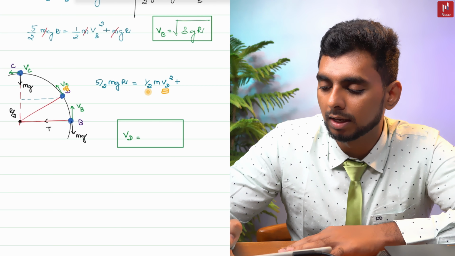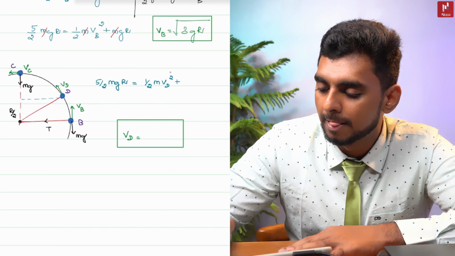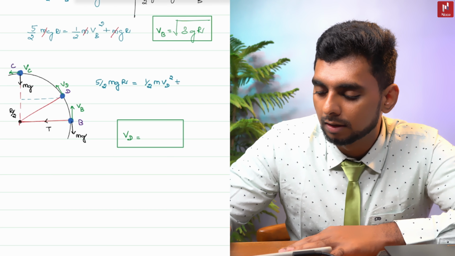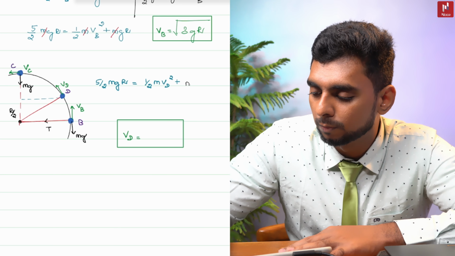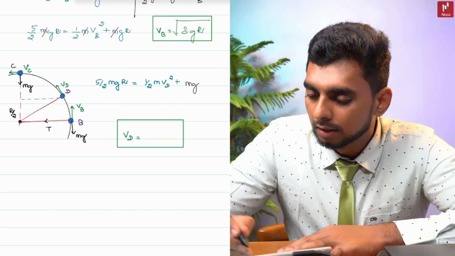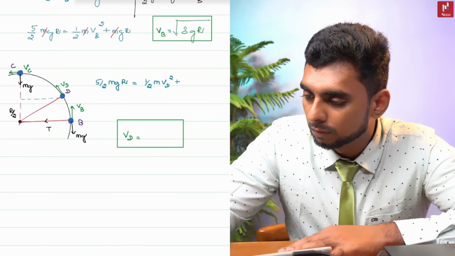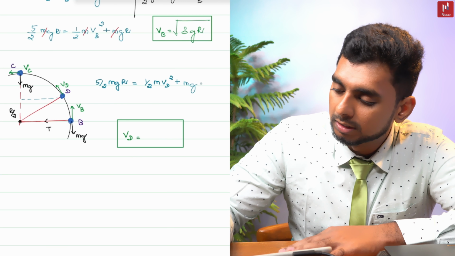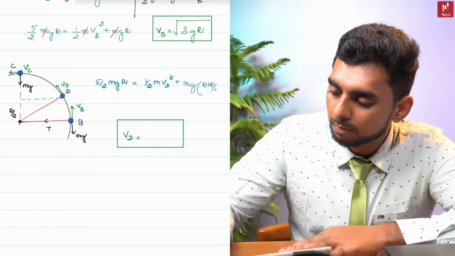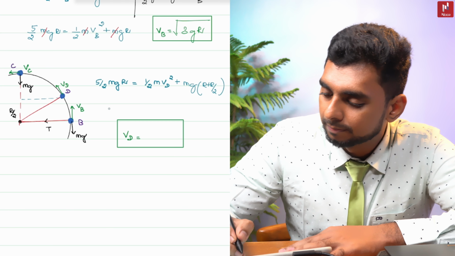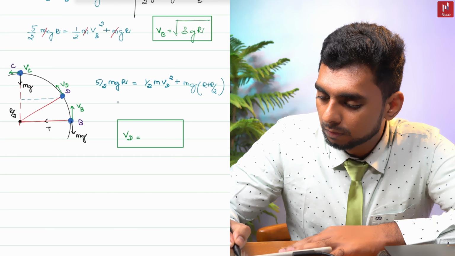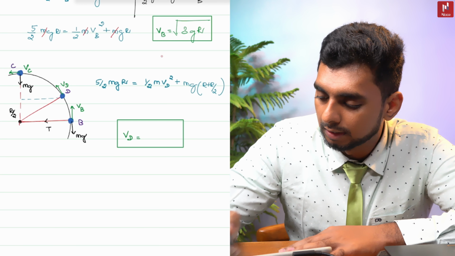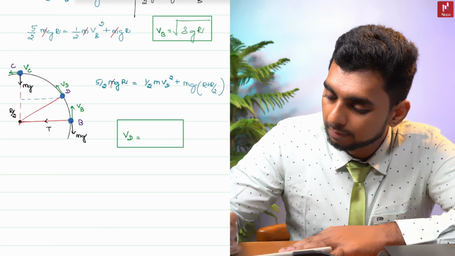So here half m vd square plus the potential energy, which will be equal to mg times r plus r by 2, right? r plus r by 2. Got it? Now m will get cancelled out, all those m will get cancelled out.